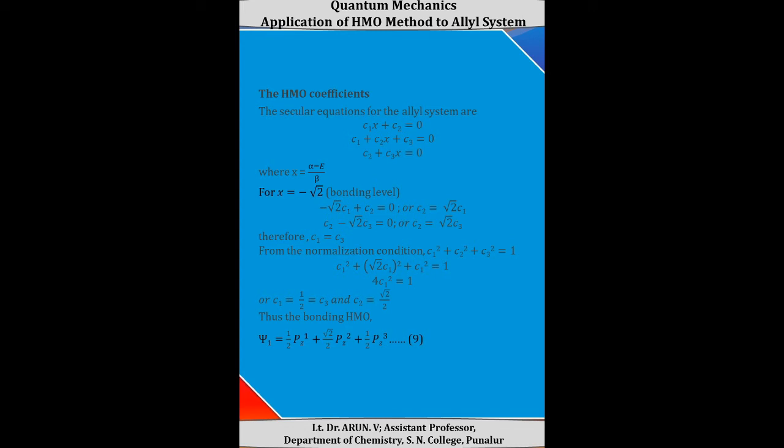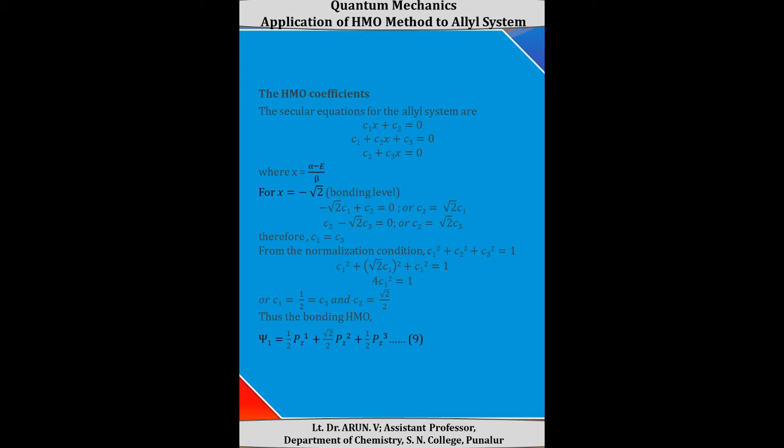Now we have to calculate the HMO coefficients. The secular equations for the allyl system can be written as C1x plus C2 equal to 0, C1 plus C2x plus C3 equal to 0, C2 plus C3x equal to 0. This is from the secular determinant.